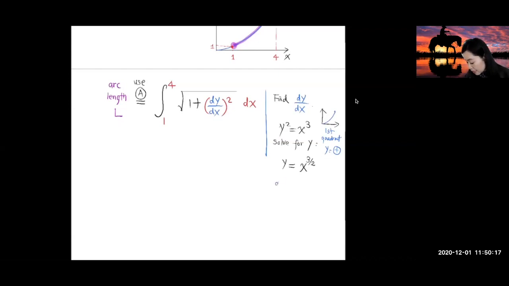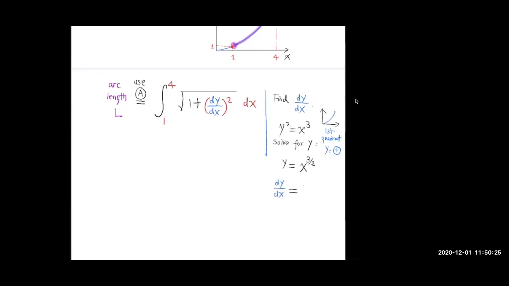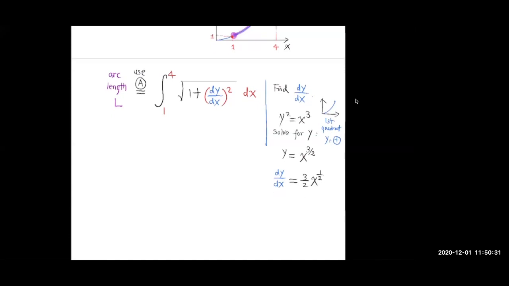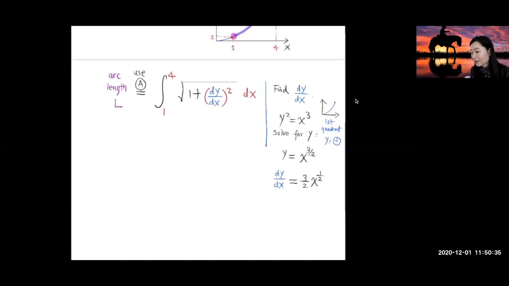So dy/dx is equal to what? 3/2 x to the what power? I mean square root of x, sorry. Yes, you got it. So 3/2 times x to the 1/2 power, right? And now we're going to square this.